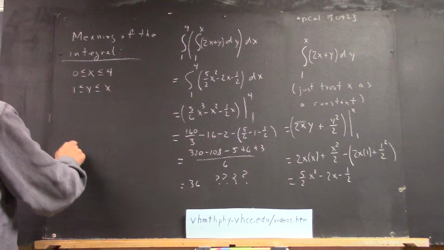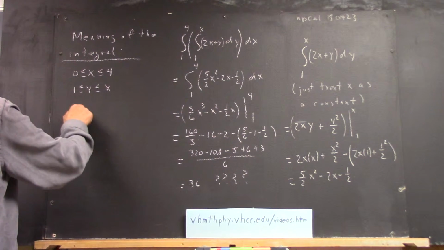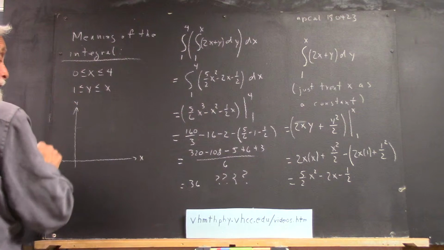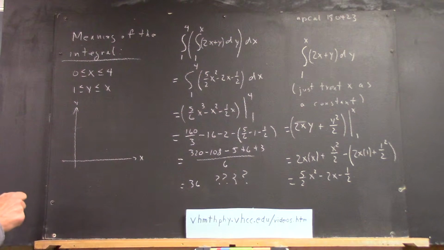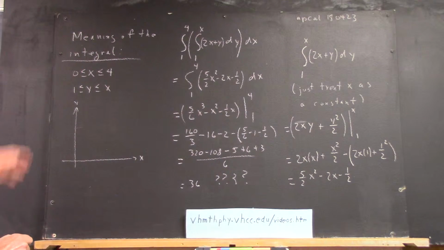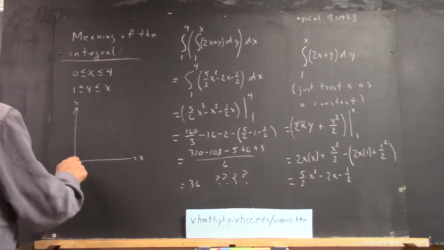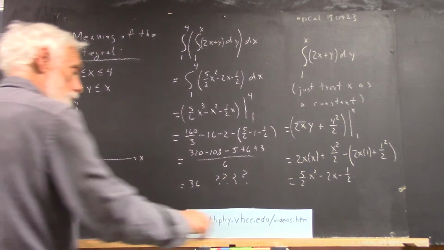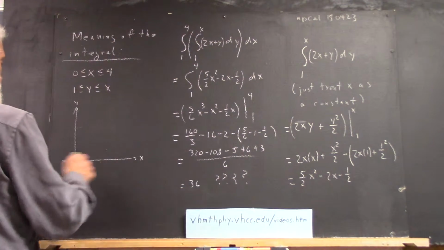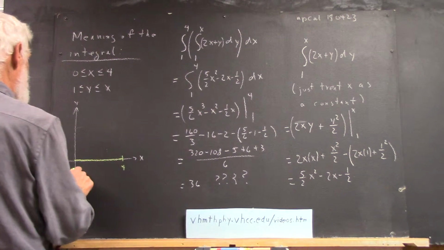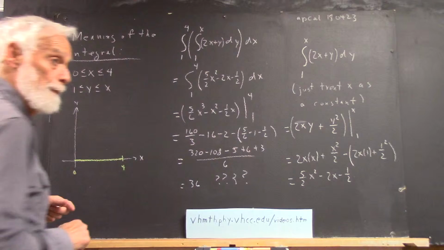In the plane, let's just say we got the xy plane here. Okay? X values go from 0 to 4, right? Well, that would correspond then to part of the x-axis that goes from 0 to 4.